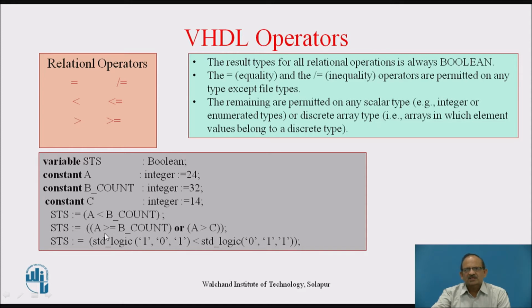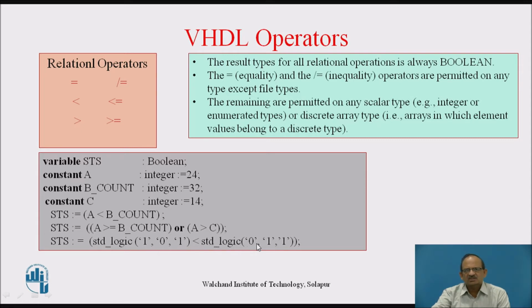In the same way, if you consider A greater than B count, it is false. A greater than C is also false, and the ORing of these two is also false. Therefore, in this case, false will be assigned to STS. Whereas here, these are arrays. First, in STD logic, 1, 0, 1, 3 bits are defined.